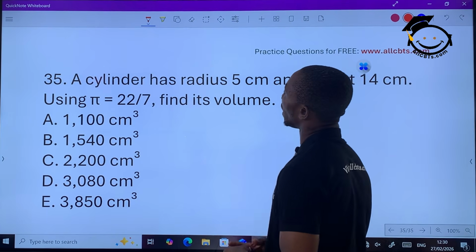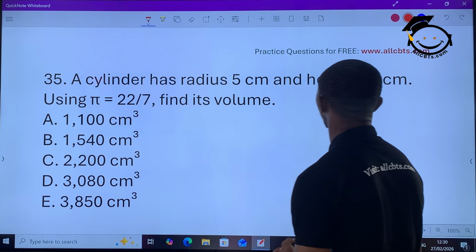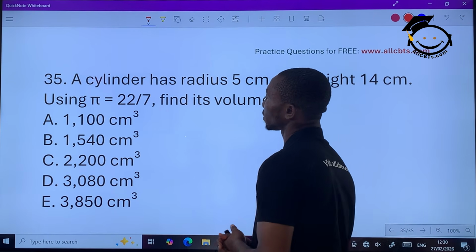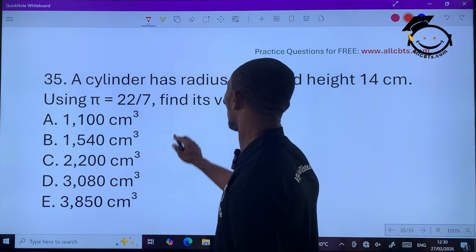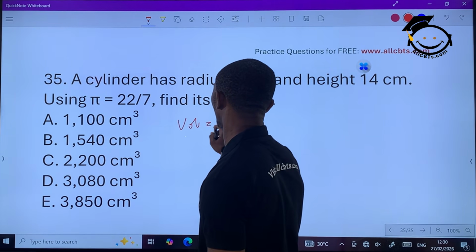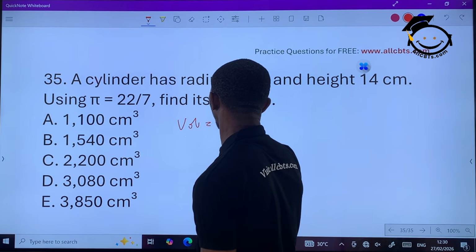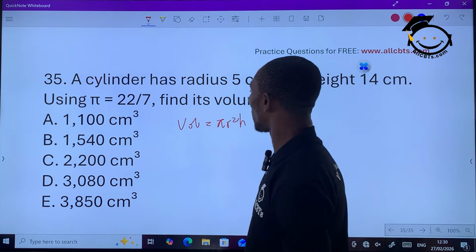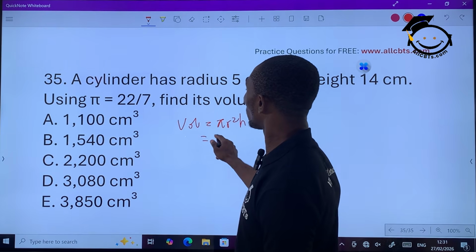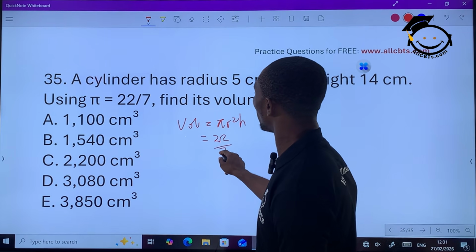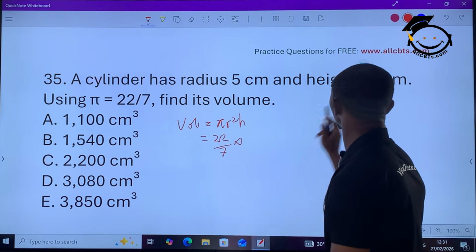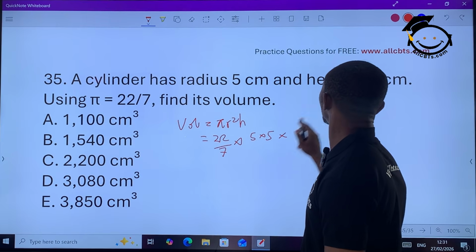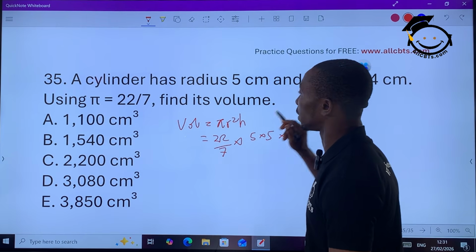A cylinder has a radius of 5 cm and height 14 cm. Find its volume. Okay, now for volume of cylinder, we have it as pi r squared h. Now, we are given our pi to be 22 over 7 times our radius, which is 5 times 5, times our height, which is 14.